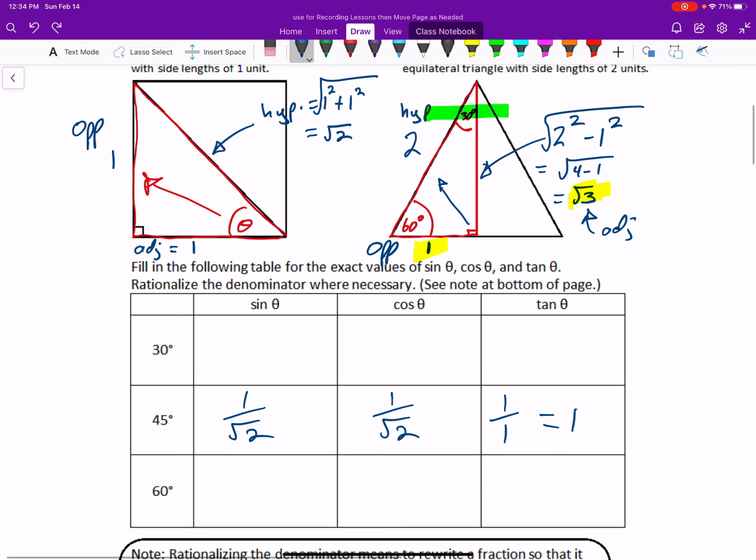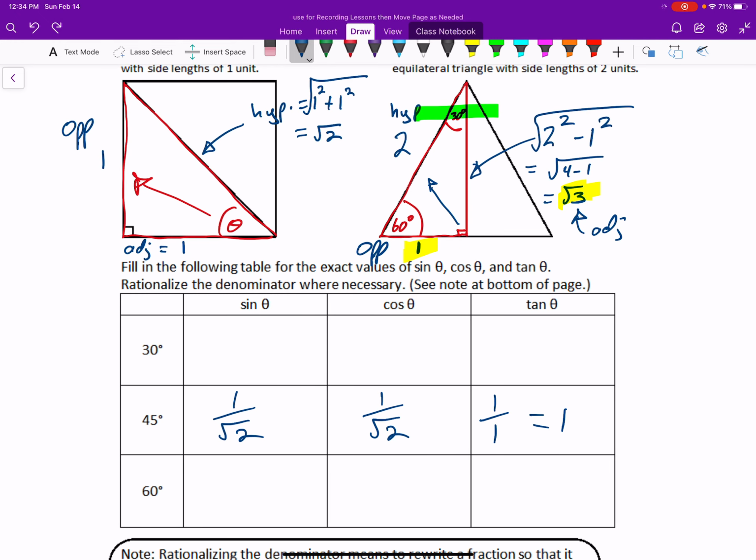So I can do my trig ratios. Sine equals opposite over hypotenuse. Well, that's 1 over 2. Cosine equals adjacent over hypotenuse. That's root 3 over 2. And tangent equals opposite over adjacent, so that's 1 over root 3.